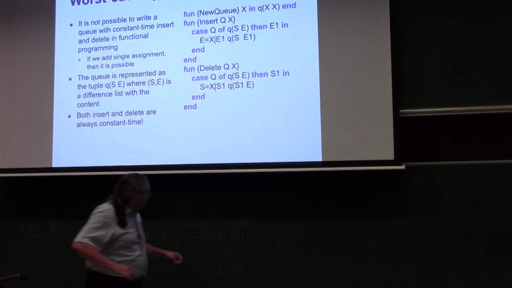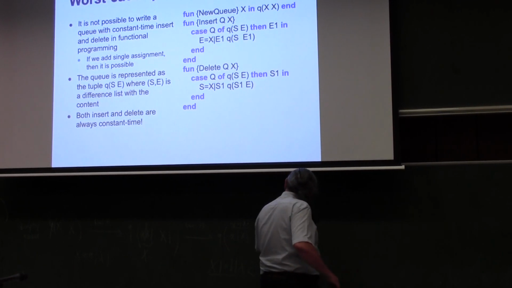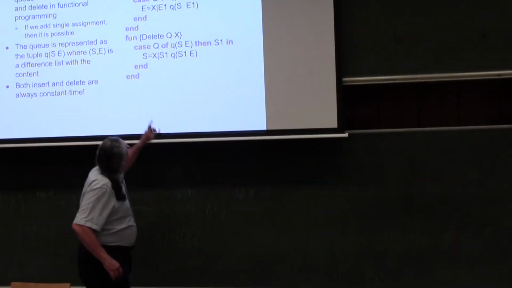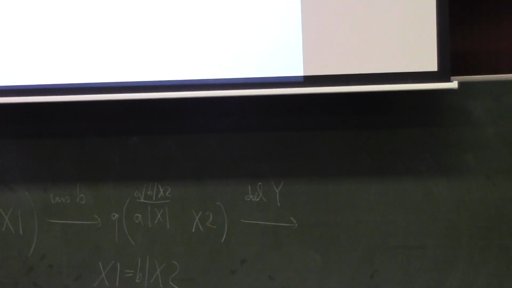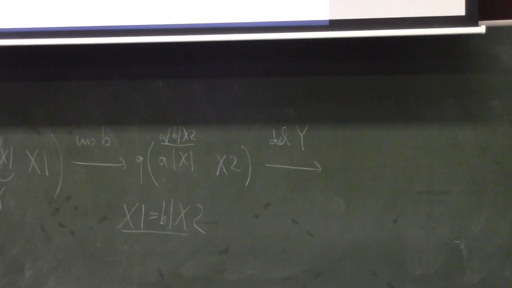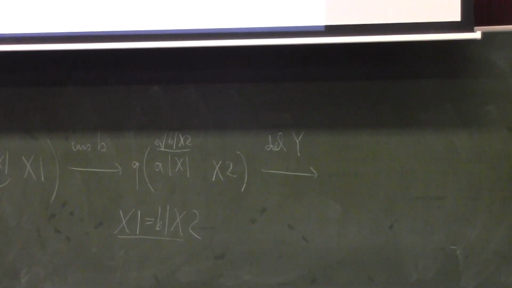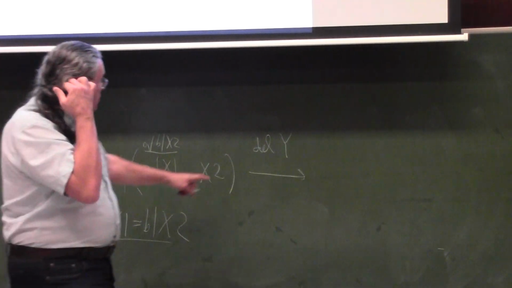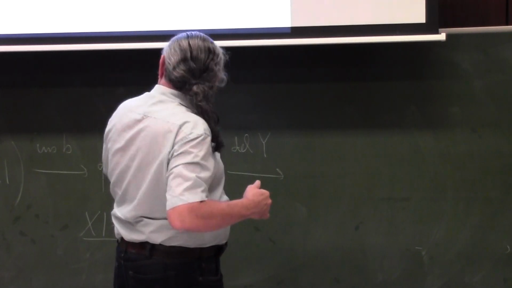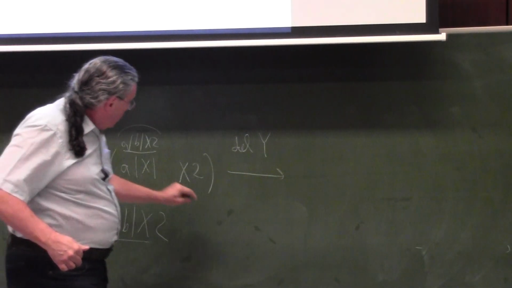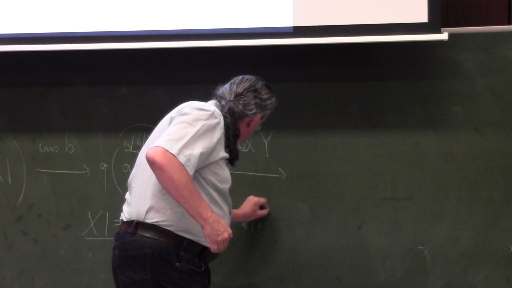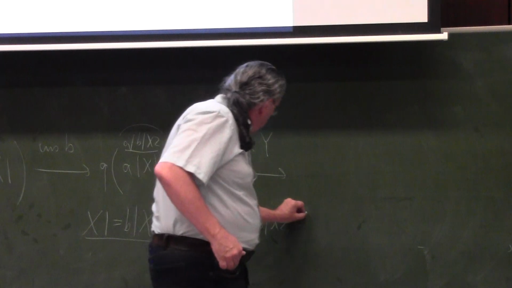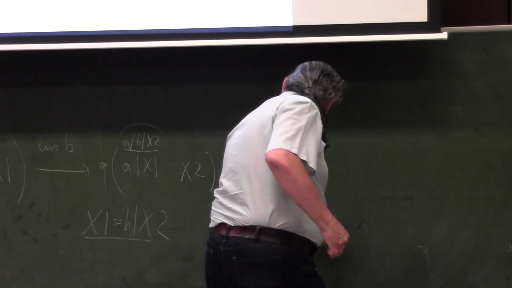And if I do a delete, I will remove the first element. Let me call this one delete Y. It's going to take S and remove the first element, and S1 will be the new difference list. So it's going to bind A B X2 to Y and the new S1.